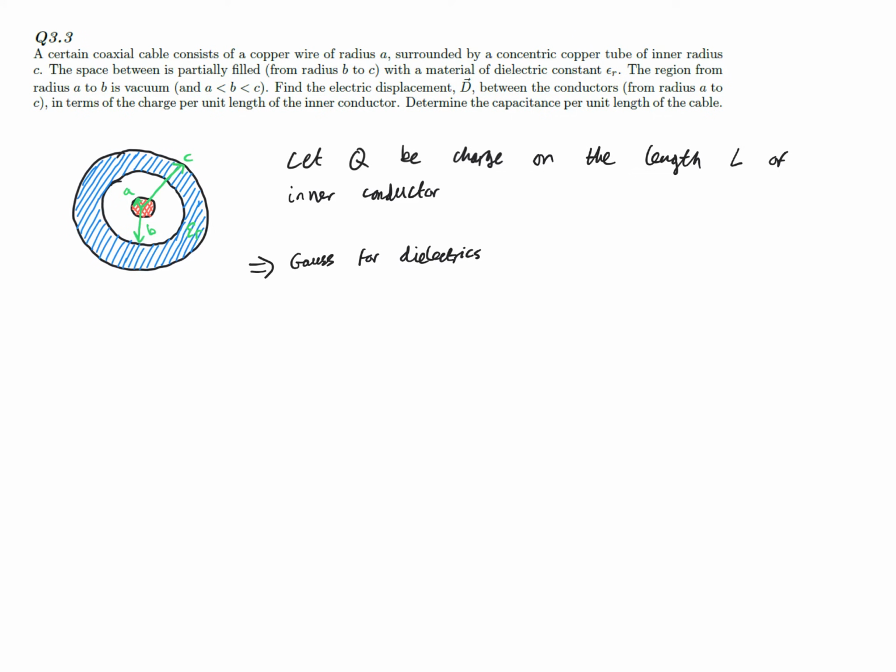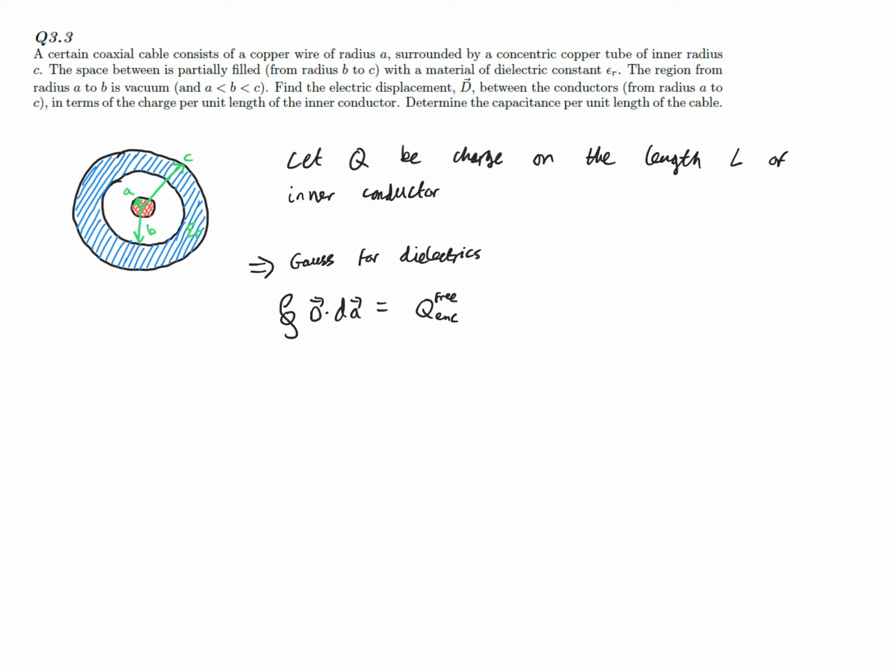Which relates the electric displacement to the enclosed free charge. And importantly, we see here that this electric displacement is something in this integral. It's the flux, if you like, of the electric displacement through the given surface.